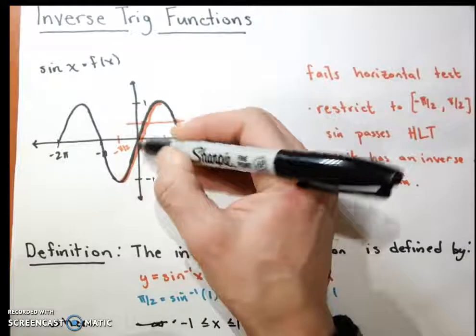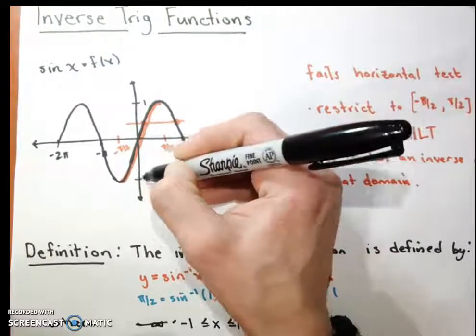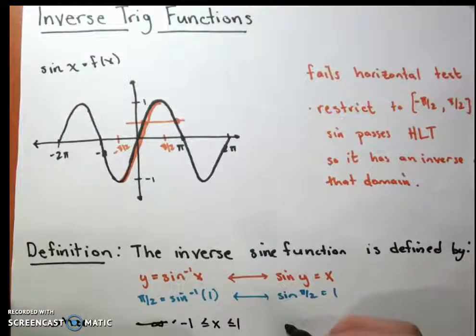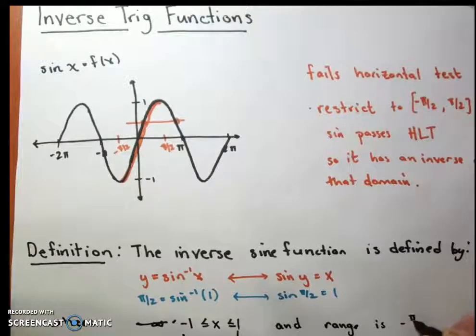So the domain is going to be the y values that sine takes. Sine takes values between negative 1 and 1. That's the domain of the inverse. And the range of the inverse is going to be the domain of the original function. So the range is negative pi over 2 less than y less than pi over 2.